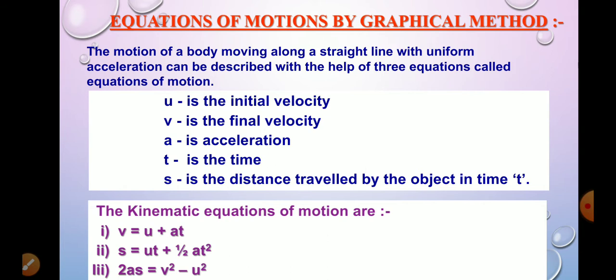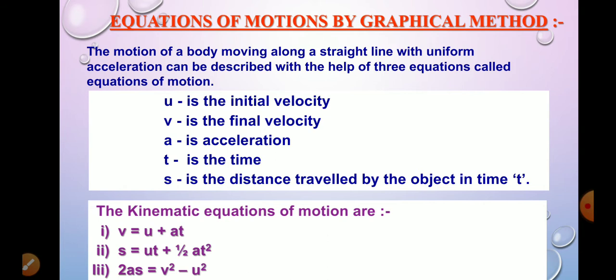And the third equation, 2as = v² − u², which can also be written as v² = u² + 2as. So these are the general forms of the equations of motion.